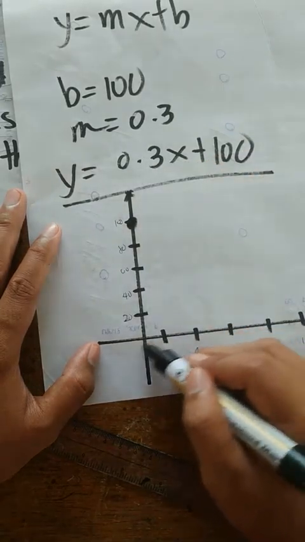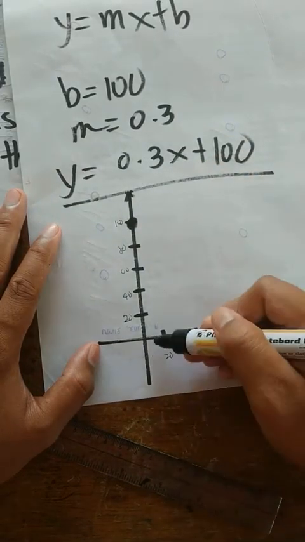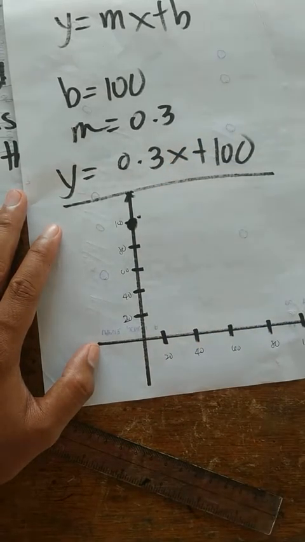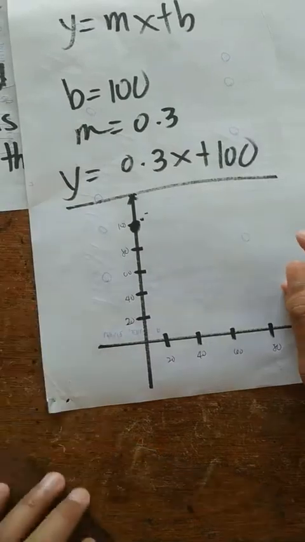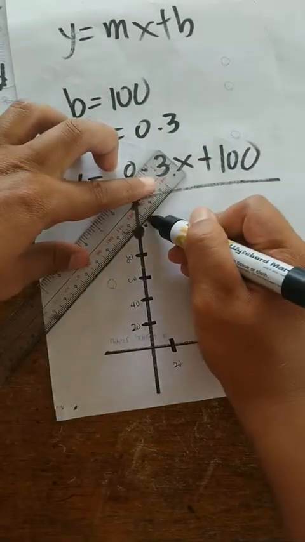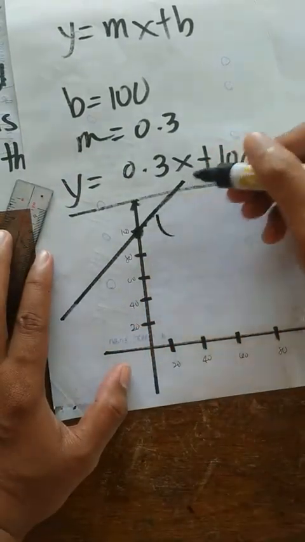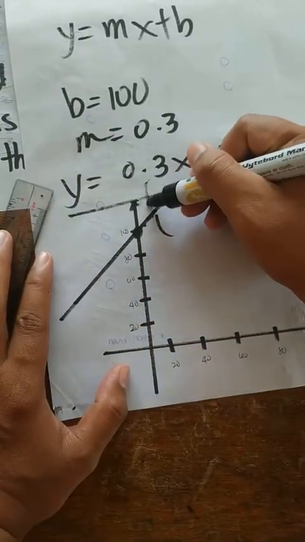As you can see, we have 20 unit intervals, half of that is 10, so 0.3 is very small, you can almost not notice it. Our graph would be something like this. That will be the equation of our line.